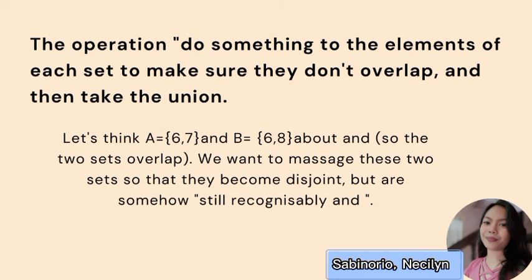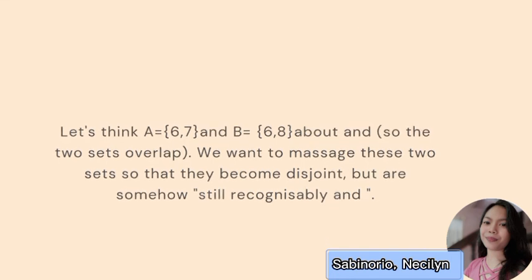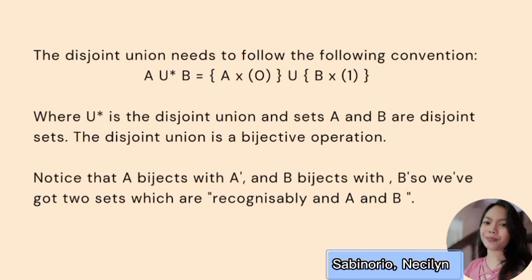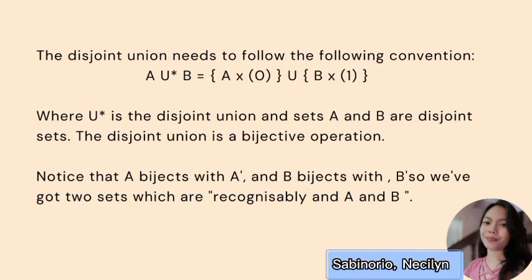So we want to massage these two sets so that they become disjoint but are somehow still recognizably A and B. So kailangan nating mag-biject sa dalawang sets. For example, set A is bijected with 0 and then B is bijected with 1. When we say biject, the element is paired with exactly one element of the first set, so it can be paired with any number or elements.